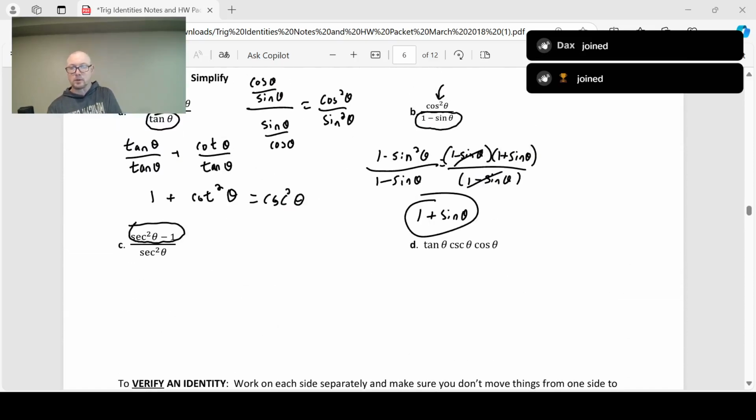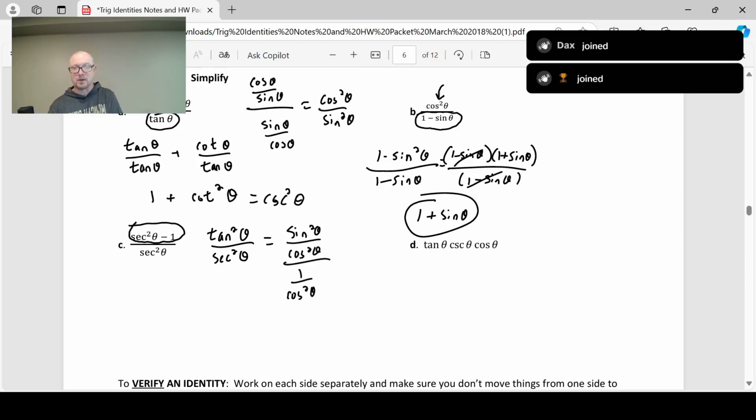So this is equal to tangent squared theta divided by secant squared theta. In this case, tangent squared theta is sine squared theta divided by cosine squared theta, and secant squared is 1 over cosine squared theta.